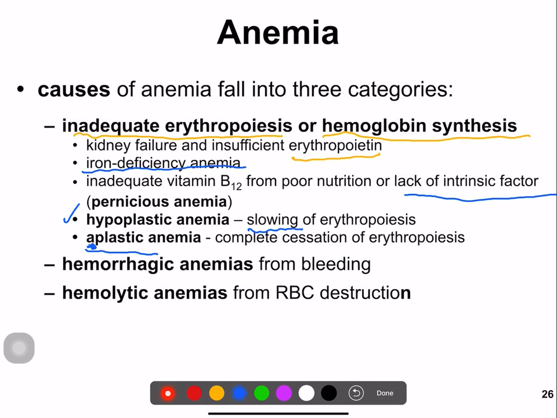A often designates no or highly reduced. So aplastic anemia. In this case, I could have a complete stop of erythropoiesis. You could also have hemorrhagic anemias from the result of bleeding, or hemolytic anemias in which the red blood cells are being destroyed.